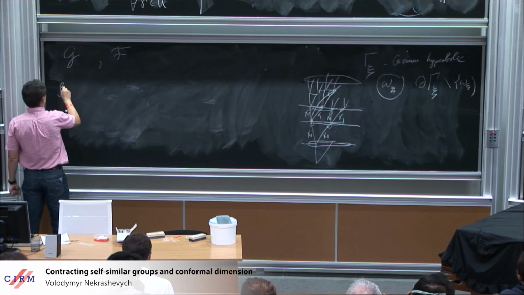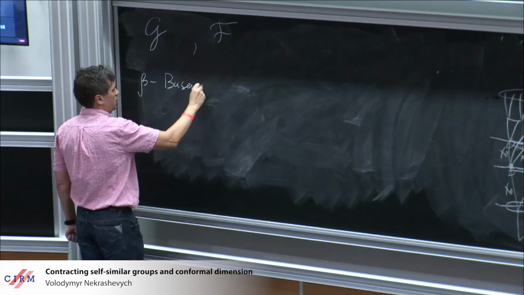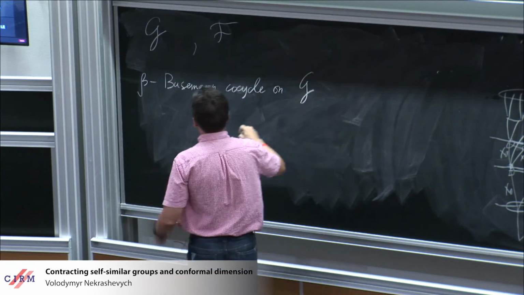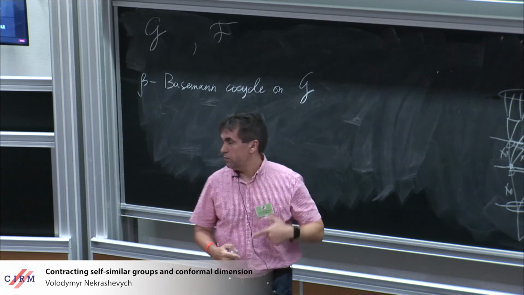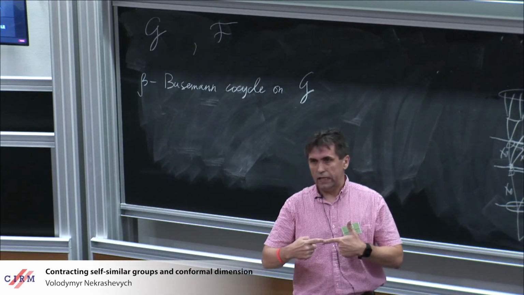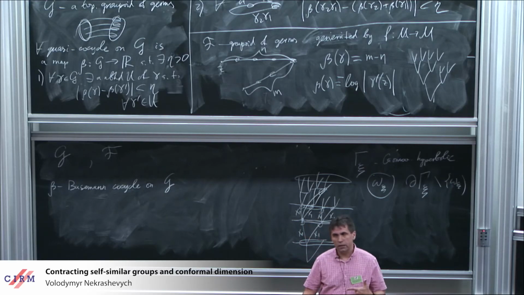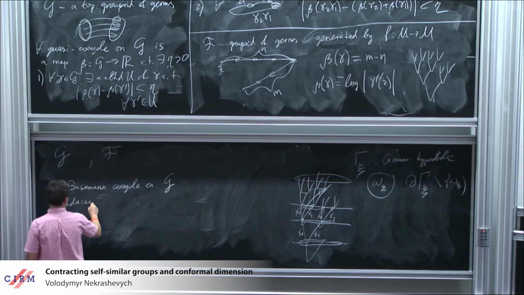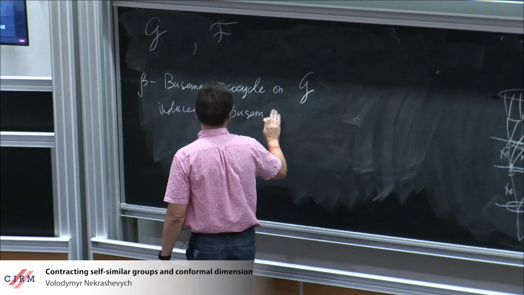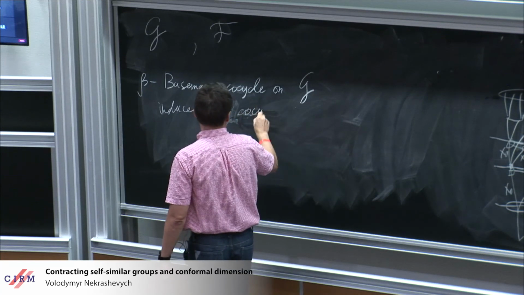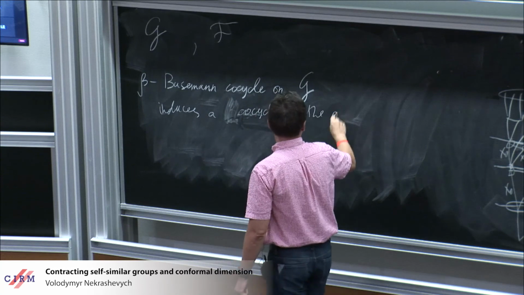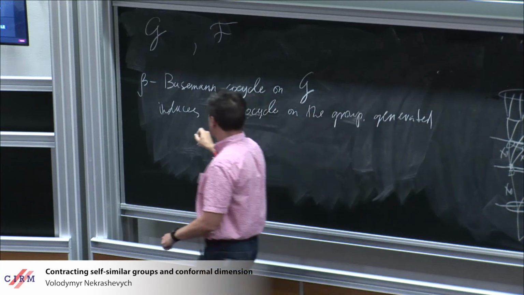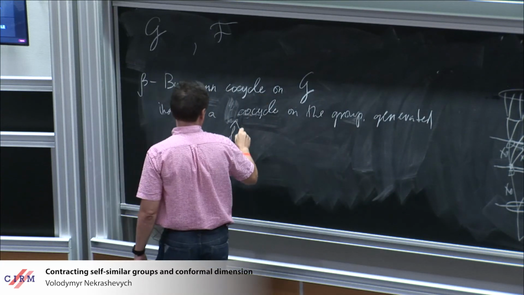And if you have a Busemann cocycle on G, then it can be, in a unique way up to a bounded additive constant, associated with a cocycle on the groupoid generated by the natural extension.